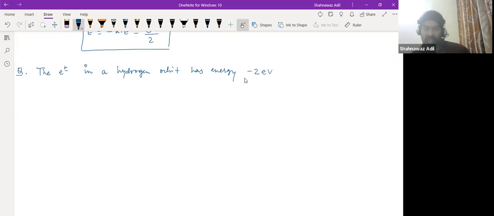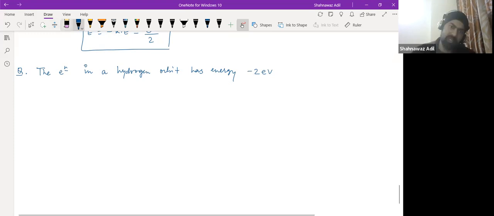Because the electron has discrete energy, it can have only a specific energy, not this minus 2. So we'll calculate that.